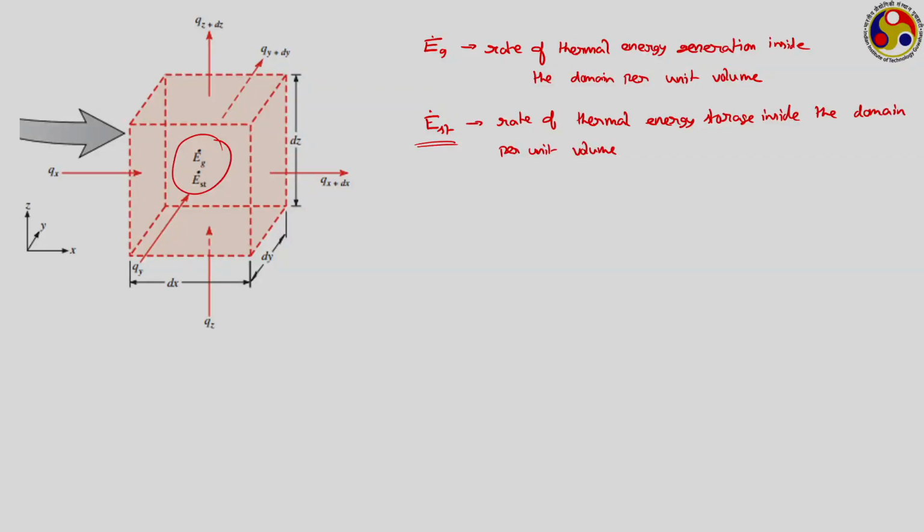Now, if we write an energy balance over this particular block, let us do one thing before writing this. Let us remove this per unit volume term, E dot g, for the moment, because that is the more convenient notation; E dot g represents the rate of thermal energy generation inside the domain. We should have put the triple prime notation to make it per unit volume, so let us use some other notation.